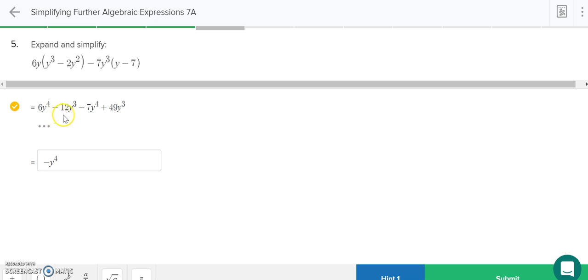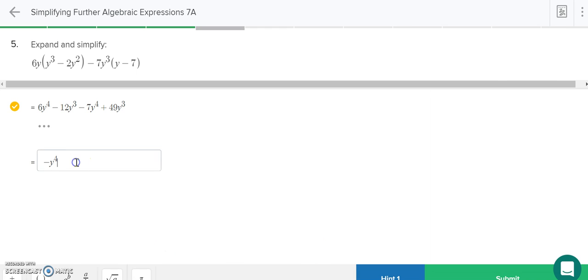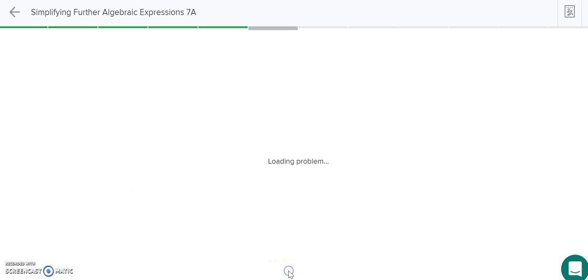Then I've got minus 12y cubed plus 49y cubed. Just to make sure we're getting this right, we could type in minus 12 plus 49, and that's giving me 37, and it's going to be positive 37. So positive 37y to the power of 3. Obviously the best answer would be them written around the other way, but either one's correct. Okay. Going on.